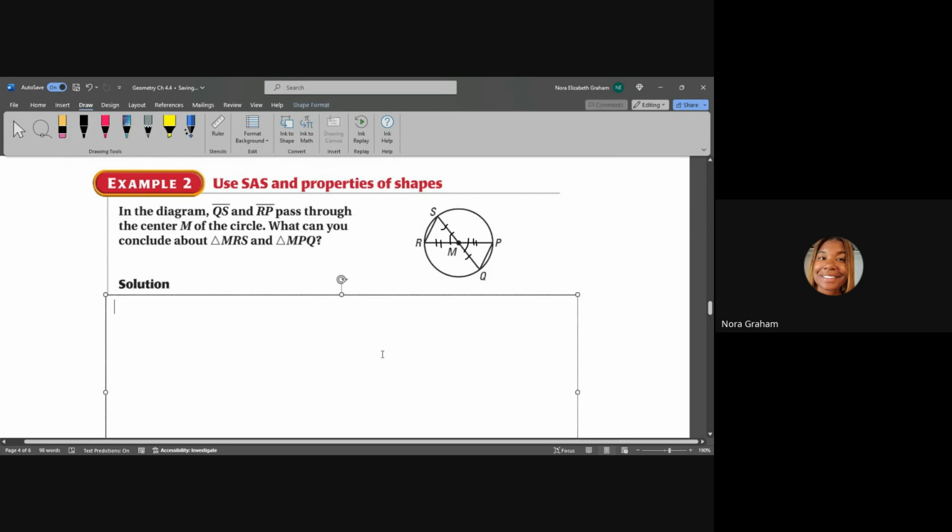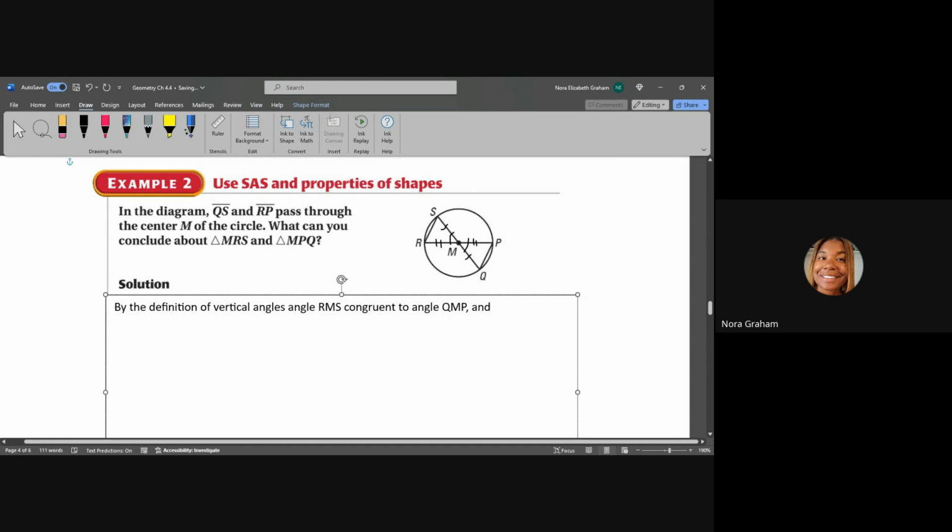So we can say, by the definition of vertical angles, we can say angle RMS is congruent to angle QMP. You can use the angle sign; I just can't write it on here. Sorry, guys. Okay.